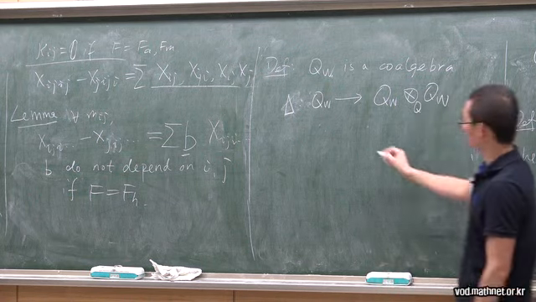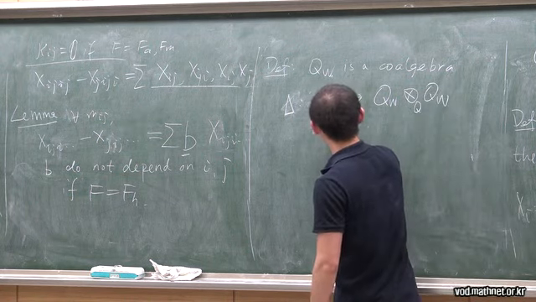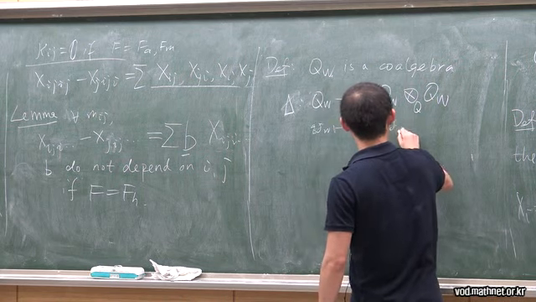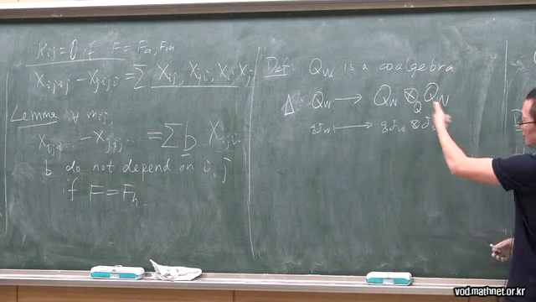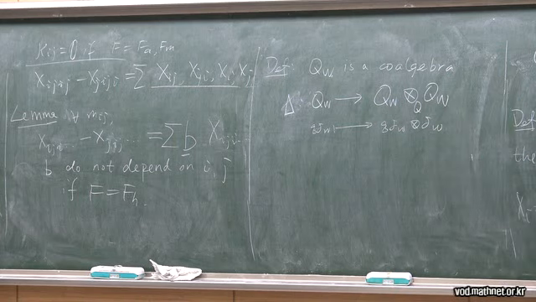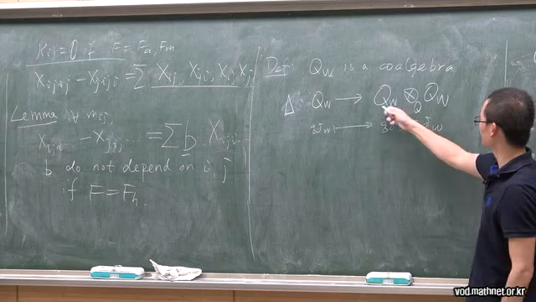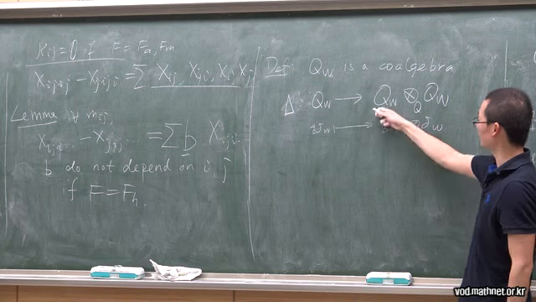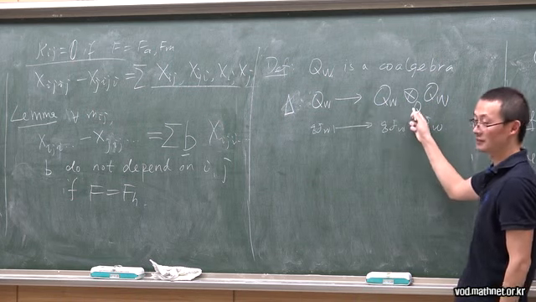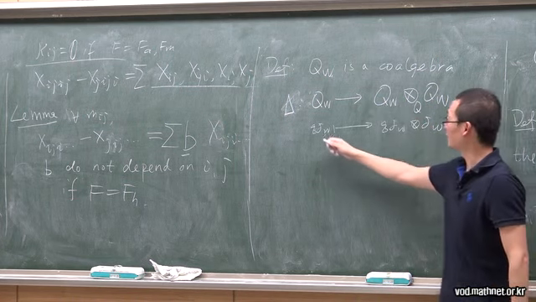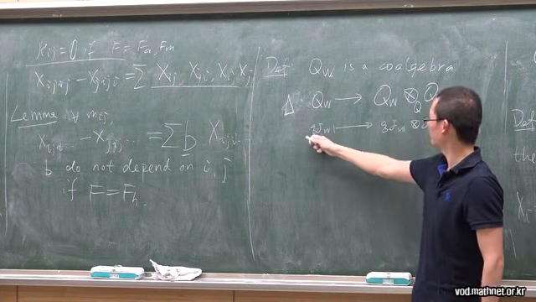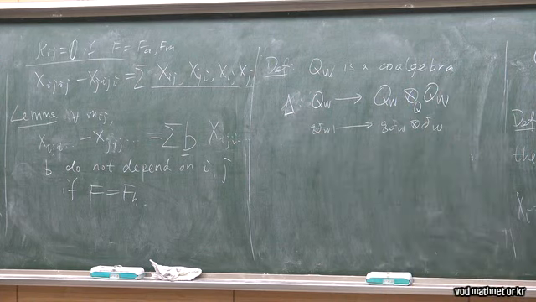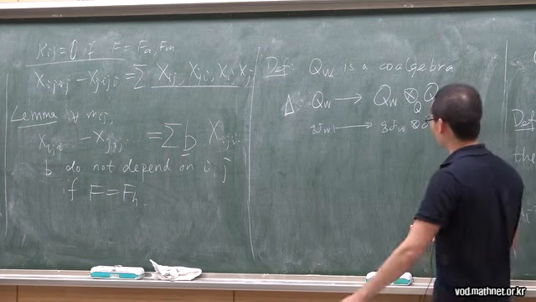So QW is a free left Q module, and this tensor is a tensor in that sense: a left Q module tensored over Q with another left Q module. And then you define the triangle of Q delta W to be this one. Then you can check that this actually defines your coproduct.